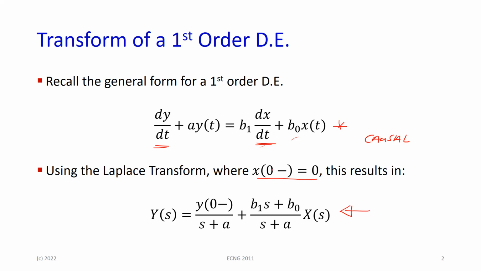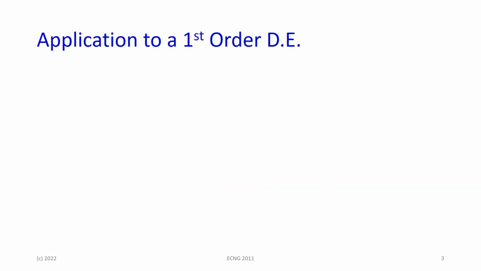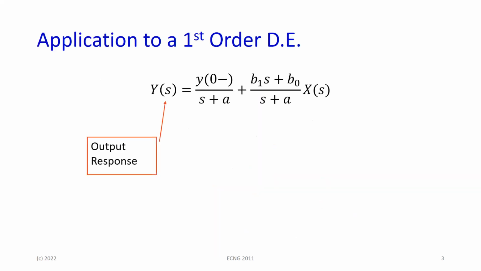And if you do that, then you land up with the Laplace transformed version of the differential equation, which is what we have below. And you can separate it into two parts. There's a part that has to do with the initial conditions, and there's a part that is only dealing with whatever the input is. All right, once you do that, so we have Y(s), which of course is the output response in the S domain.